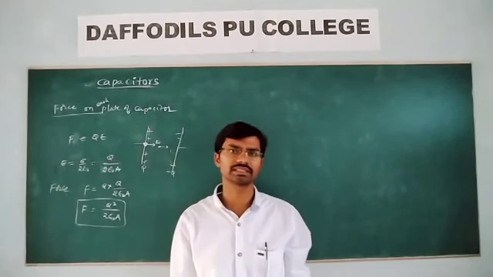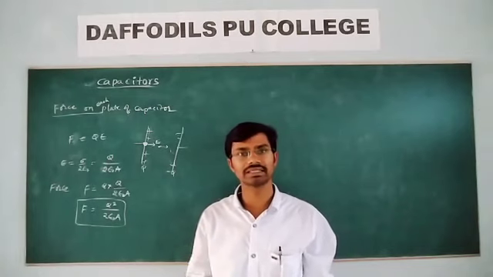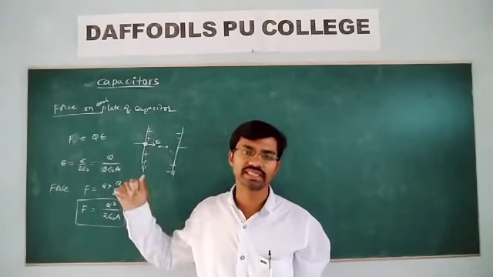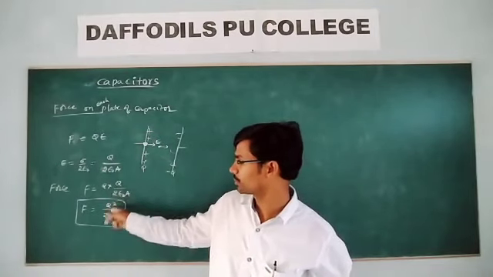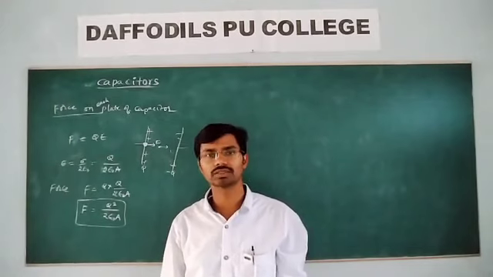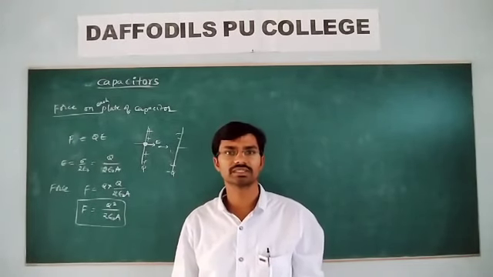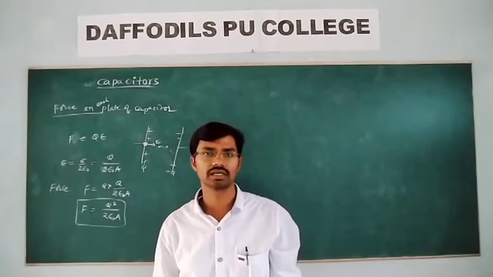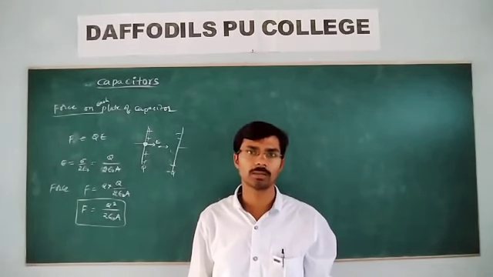But the energy of the capacitor is half epsilon naught E squared into volume. That we need to remember. And the force acting on each plate of the capacitor is Q squared by 2A epsilon naught. So in the next class we will discuss the applications of capacitors which are related to the textbook.